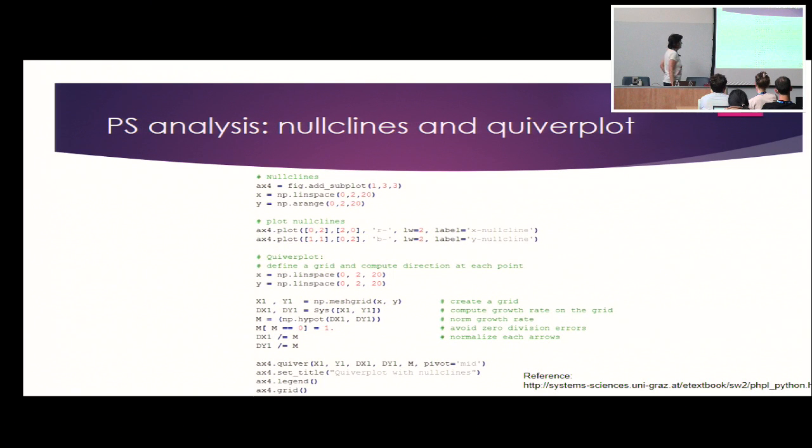And then this tool has a module for the computation of the nullclines, for drawing the quiver plot, so the plot of velocity, where it is possible, because all these plots are possible only in 2 dimensions.